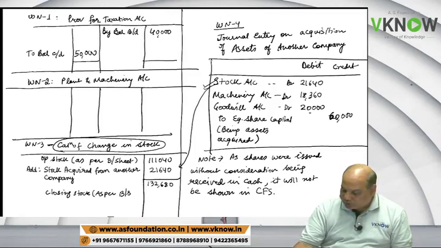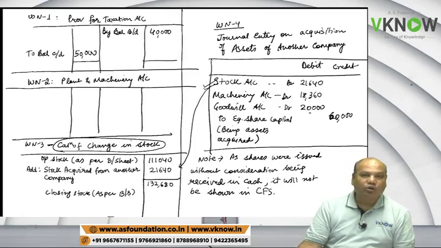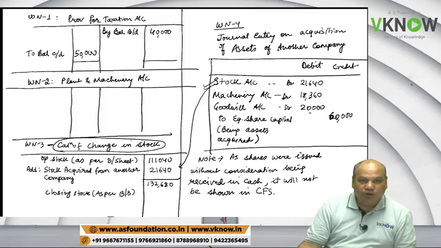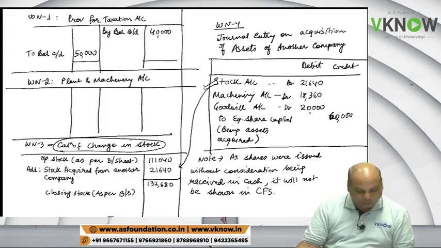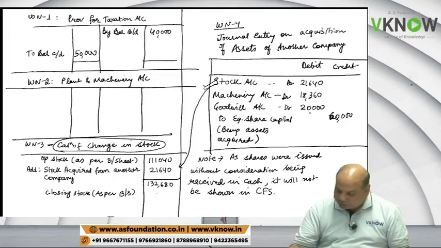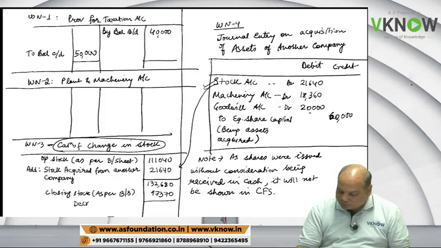So whenever there is an adjustment in a current asset or current liability item, you will make a working note, then solve, otherwise it will not tally. Some stock was acquired from another company that I need to adjust. Closing stock in the question is 97,370. Now you will write decrease in stock.